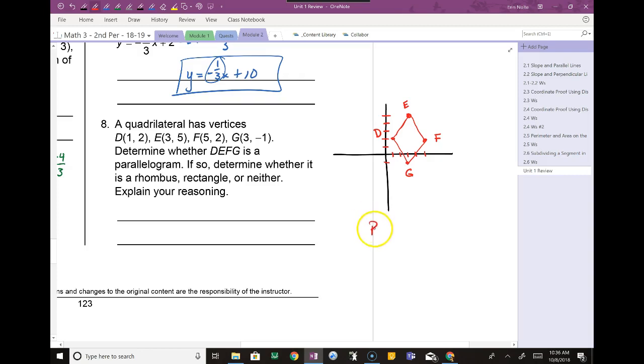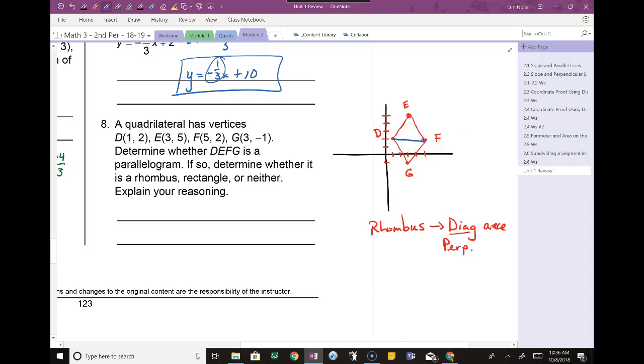For a rhombus, this might be something you write in your notes: my diagonals are perpendicular. This way I only have to work with 2 lengths instead of finding all 4 lengths of the sides. You can do all 4 sides if that makes sense to you, but I'm going to do diagonals because that's less work.